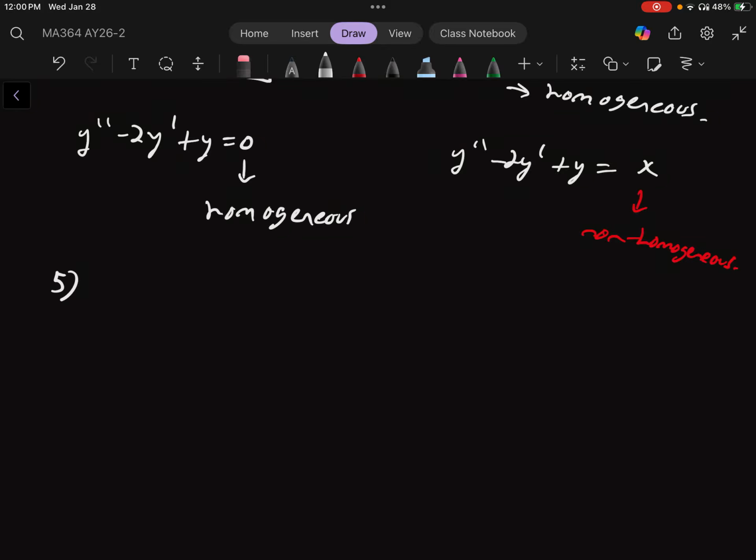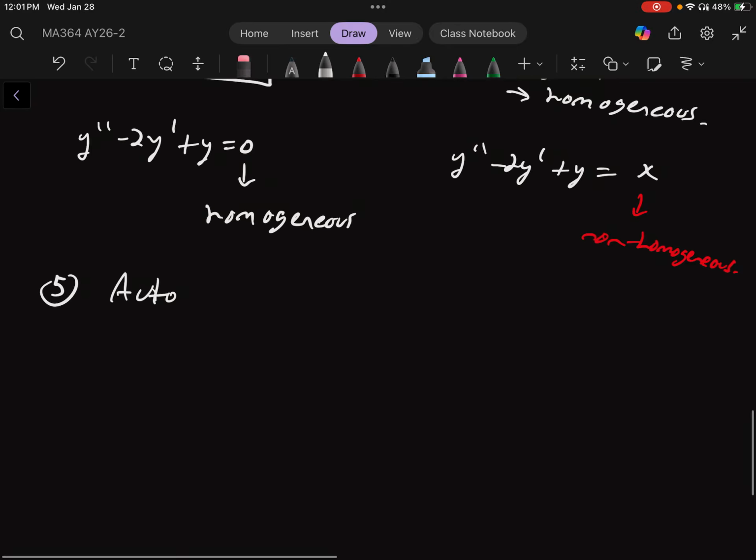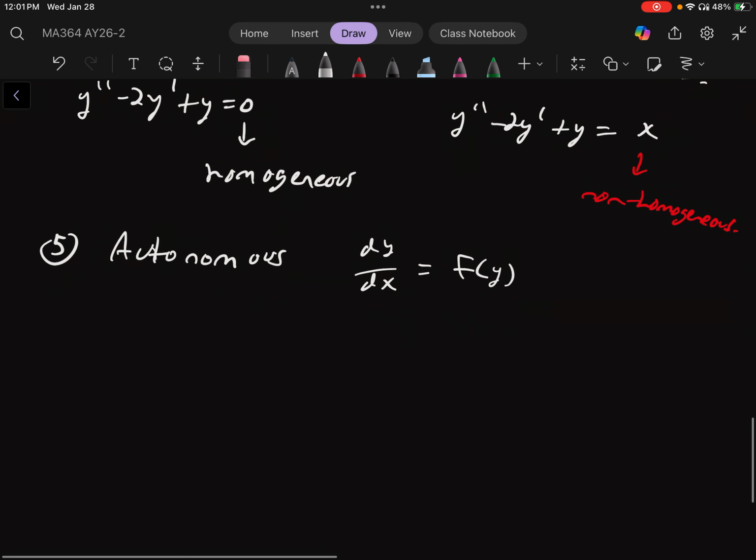And finally, one way to also classify an equation, in particular the first order equations, is of the form dy dx equal to a function of y. Notice the right-hand side is a function of the dependent variable, but it has nothing to do with the variable x, or the independent variable.